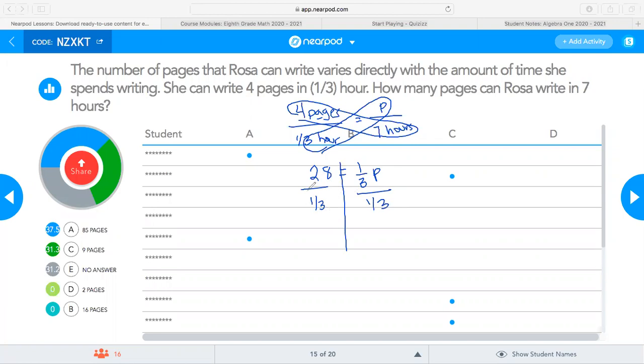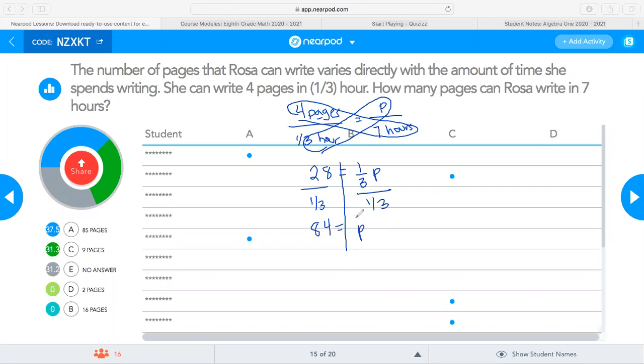Again, you can just do this in Desmos. 28 divided by 1/3 is the same thing as multiplying by 3. But 28 divided by 1/3 is 84. And I know it's not the exact answer, but it was the closest answer. So 84 would be how many pages I can write in 7 hours.